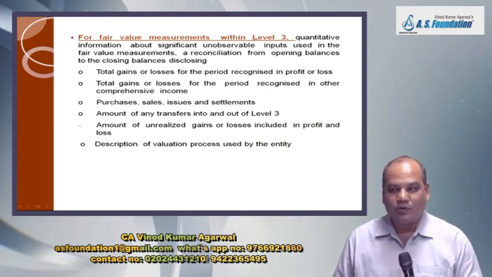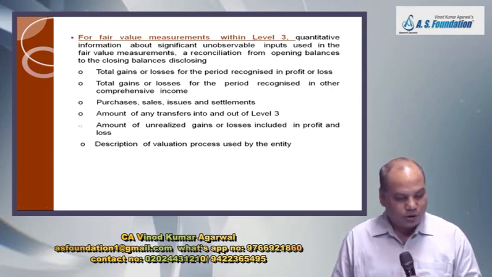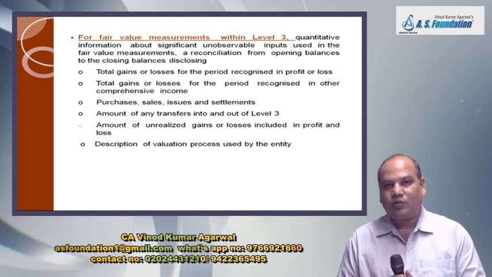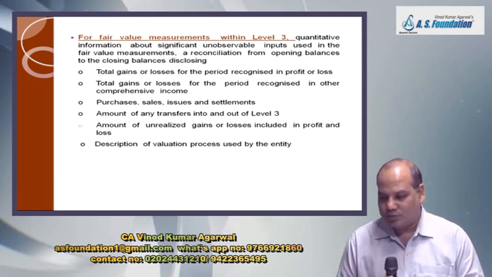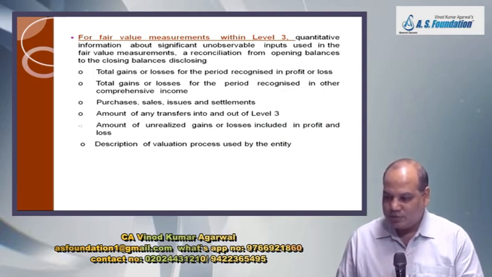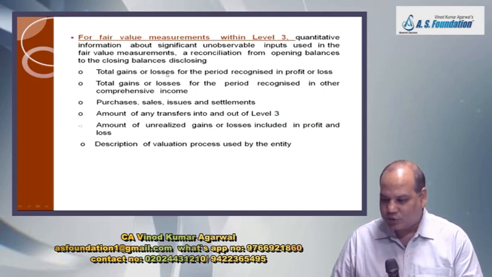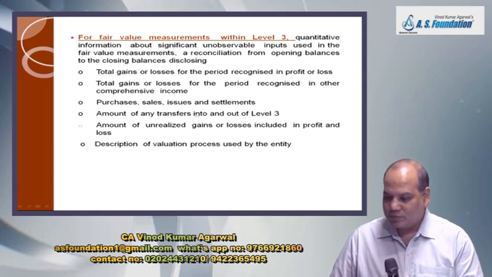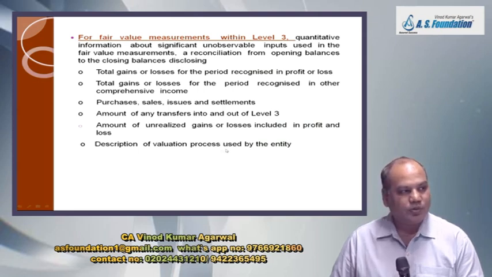Because here a lot of judgment is involved, assumptions are involved, more disclosures: quantitative information about significant unobservable input used in the fair value measurement, a reconciliation between opening and closing balance disclosing total gain or loss for the period recognized in P&L account, total gain or loss for the period recognized in OCI, purchase, sale, issue and settlements, amount of any transfer into and out of level 3, amount of unrealized gain or losses included in P&L account, and description of valuation process used by the entity.